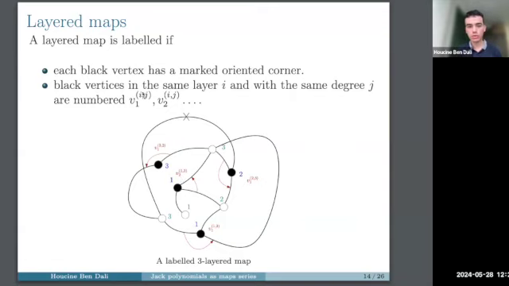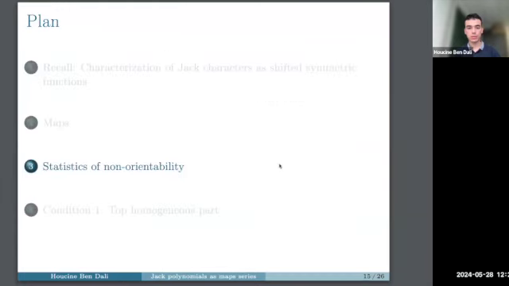Actually, this definition will be useful to decompose maps later. The second condition is that each black vertex has a marked oriented corner. These are the arrows drawn in brown. This finishes the definitions that I wanted to give about maps.